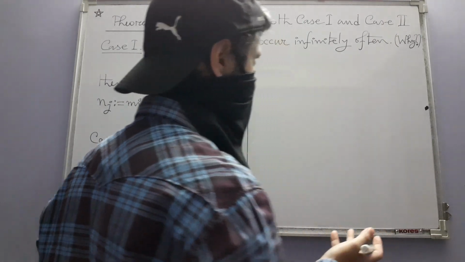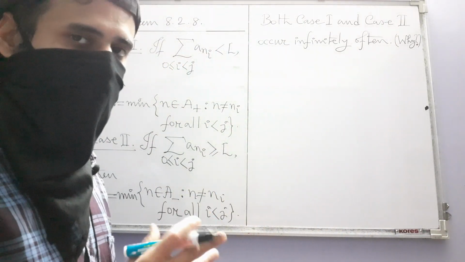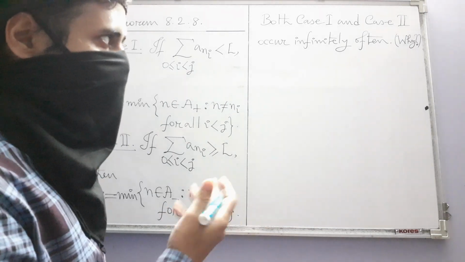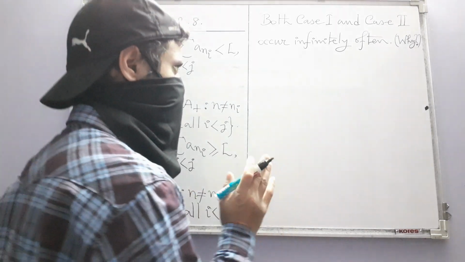And in fact, in the text it was given as a small hint: prove by contradiction. So that's what we are going to do.